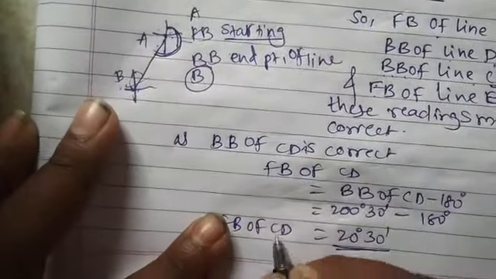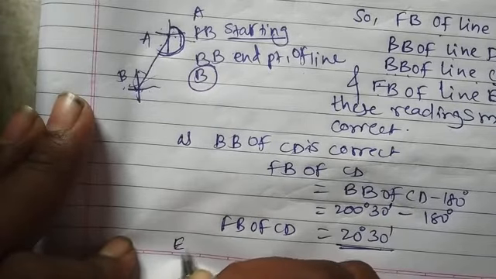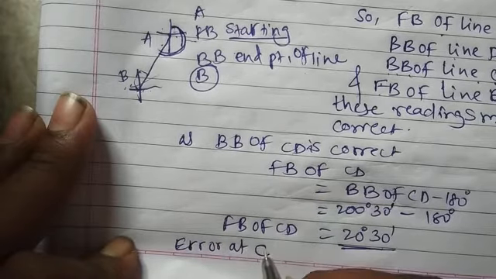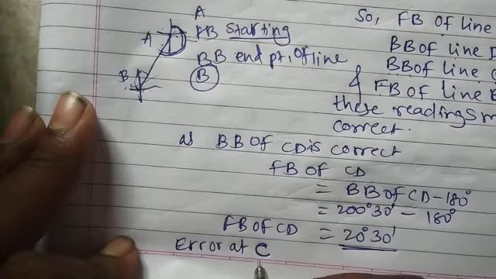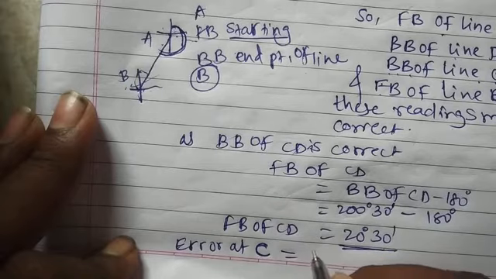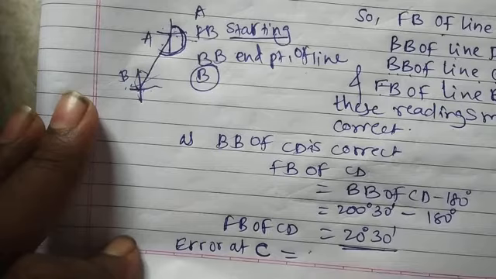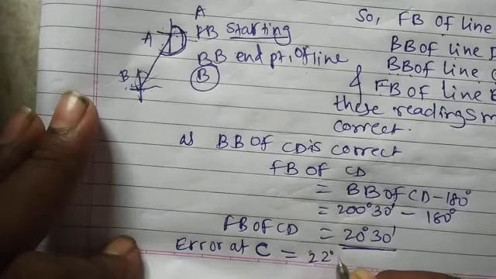Okay, so now we'll calculate the error at C. Okay, so the forebearing of CD is taken at C, so we'll calculate the error at C. As we know, the incorrect bearing calculated at the point C is 22 degree 15 minutes.